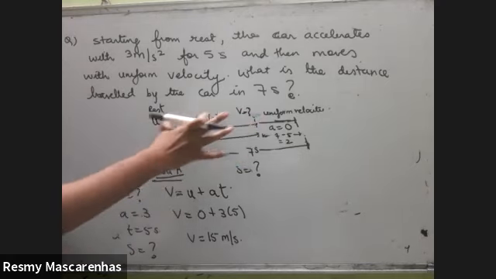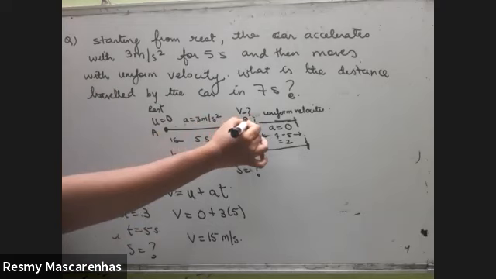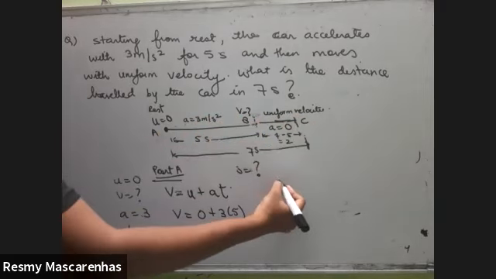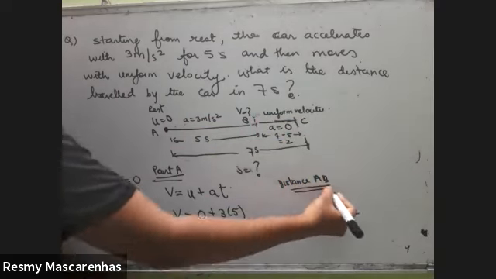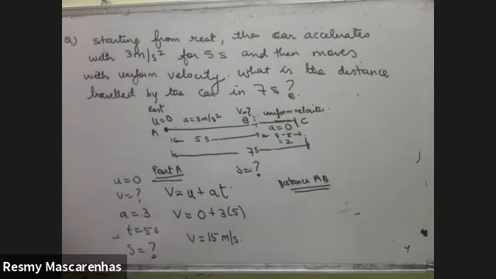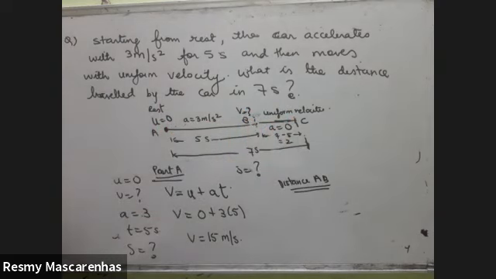If you want, you can write letters also, A, B, and C. So we'll find distance AB first. Why? We have to find the total distance. So this distance plus this distance you need to find.